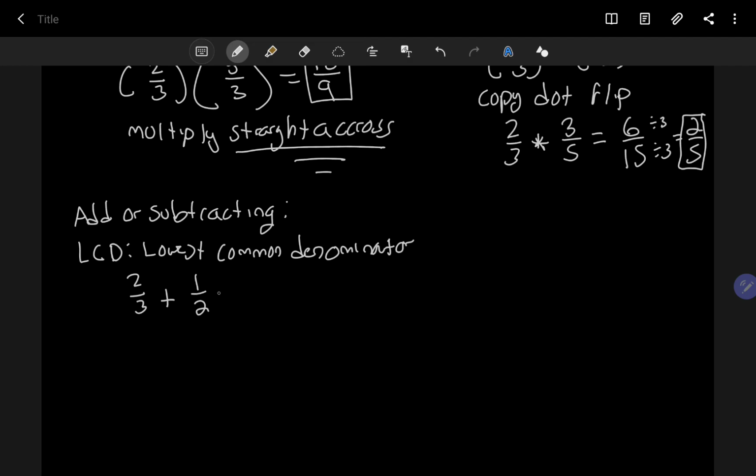The other way to also think about it is, think of it this way. I can multiply them, both of those, by this denominator over here. And I can multiply the other side by the other denominator. And that will always help me find my numbers. So I got 4 over 6 plus 3 over 6.